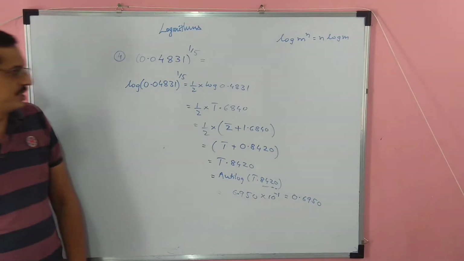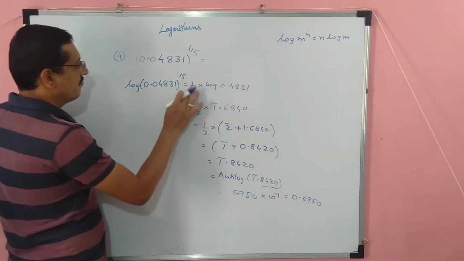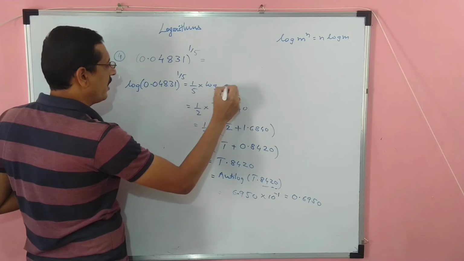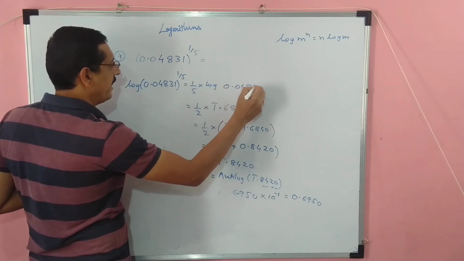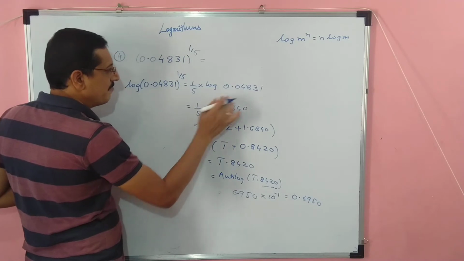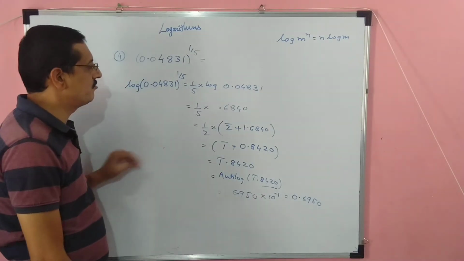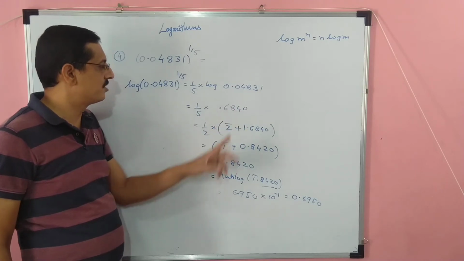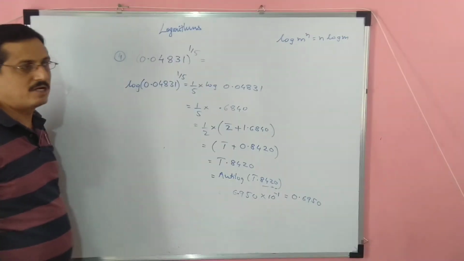Okay, now let's check. Now it is 1 by 5 into log of 0.04831. Its mantissa we have already seen: 48 in 3 difference 1 is coming 6840. Now characteristic we have to check.